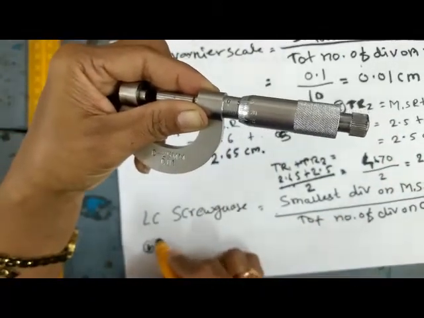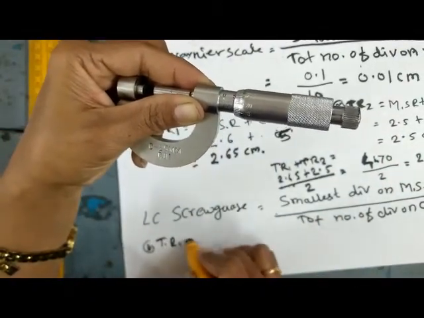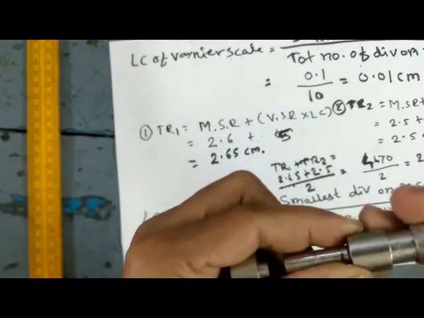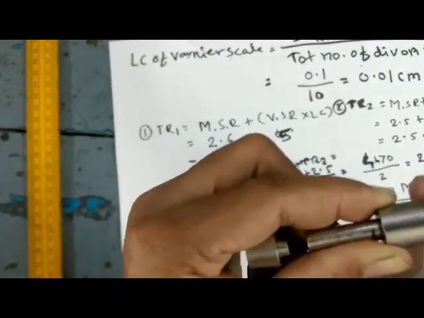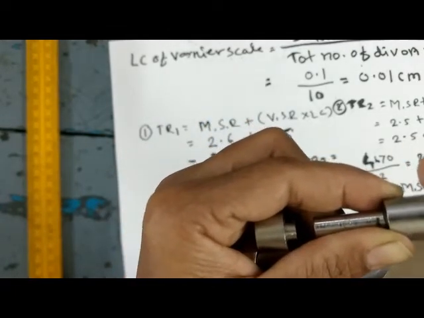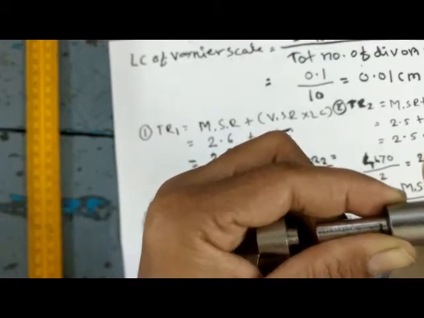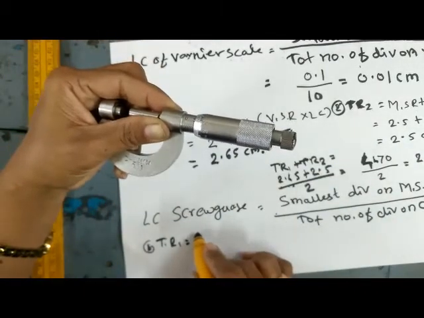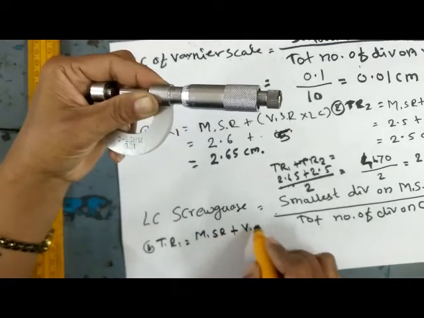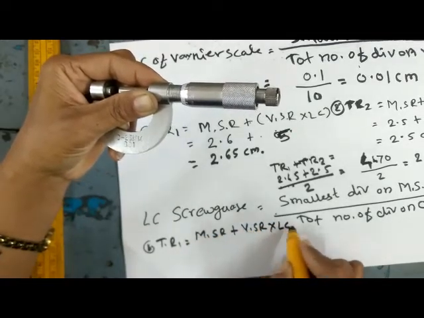The first reading we perform: the MSR coinciding with the CSR line. MSR will be 0.5 and the circular scale is exactly coinciding at 20. So the same formula, MSR plus CSR into LC.